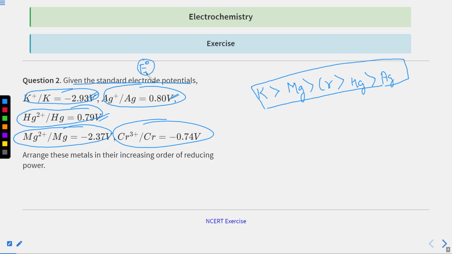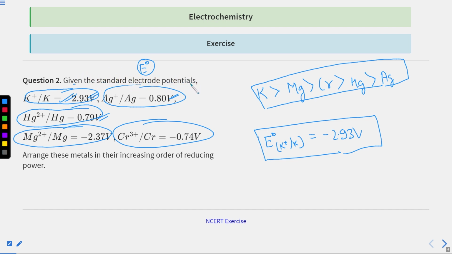If I ask you how you will write this, a more appropriate way would be E naught K plus going to K, and its value is 2.93 volts. Why am I writing it as E naught? Because in the question itself it is given the standard electrode potential. So they are the standard values, so I'm putting a naught.